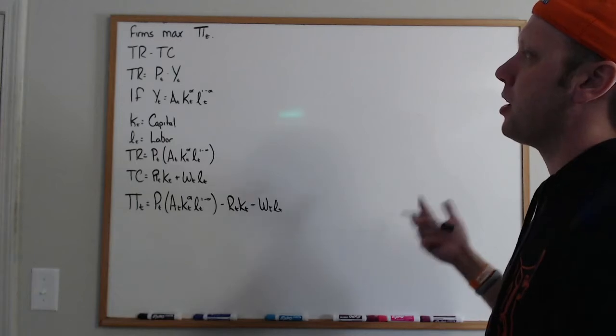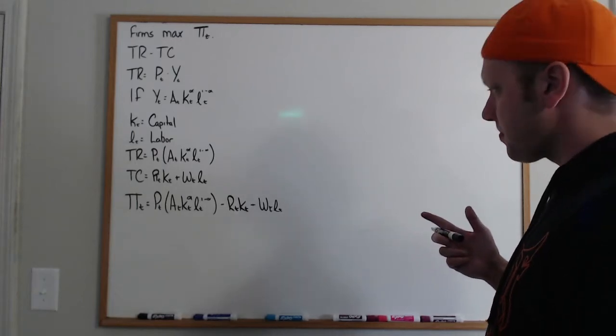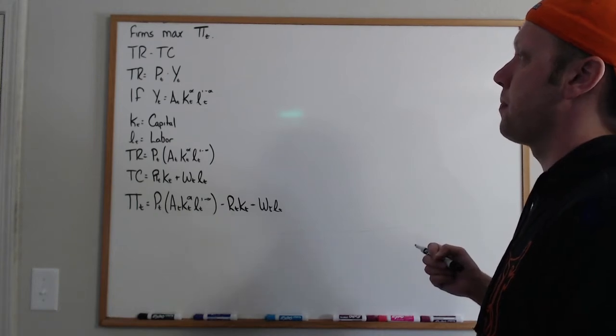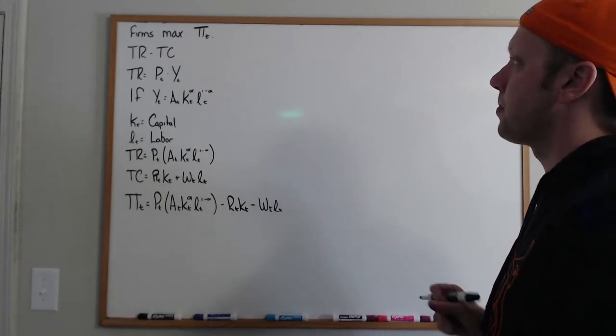which tells me that I really have two markets. I've got capital markets and I have labor markets. Now we're going to be a little bit more interested in looking at how labor markets operate here than we are going to be capital.